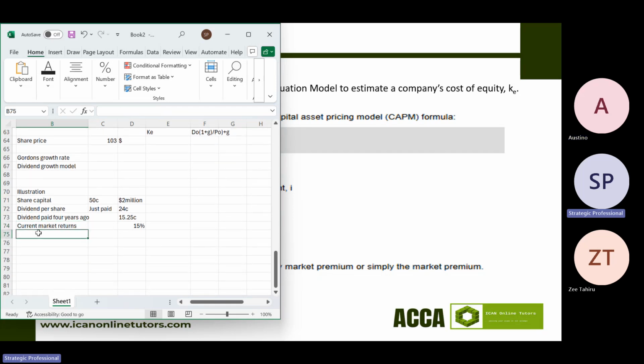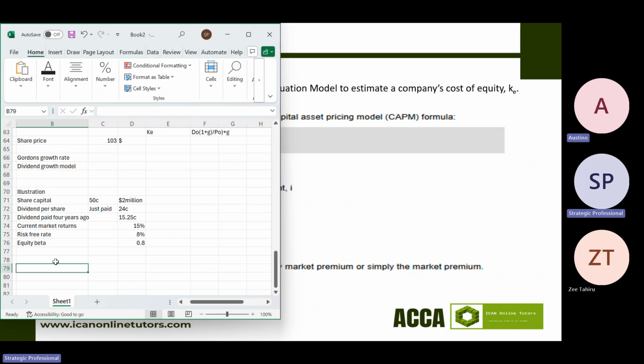We have risk-free rate, 8%, and we have equity beta, 0.8.